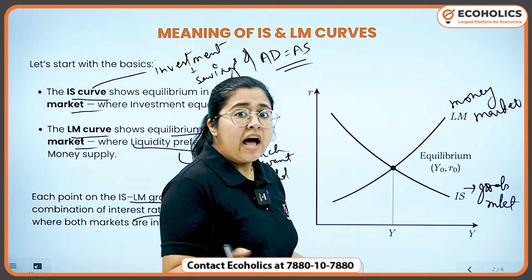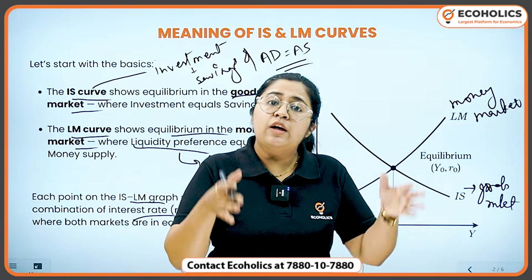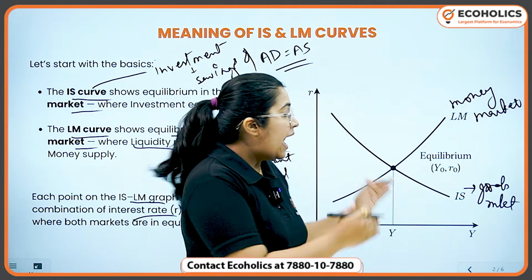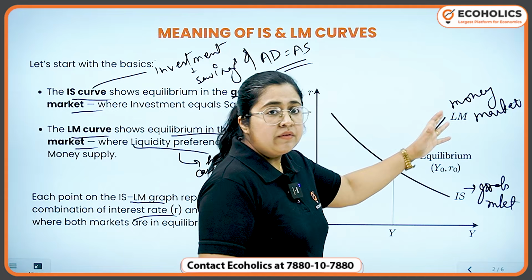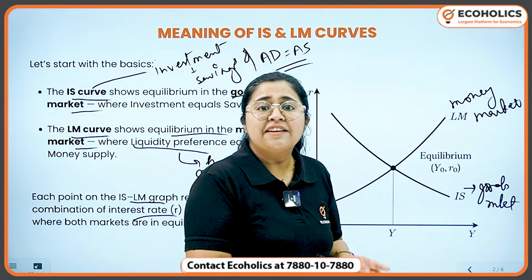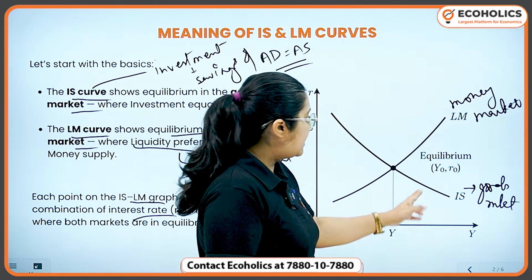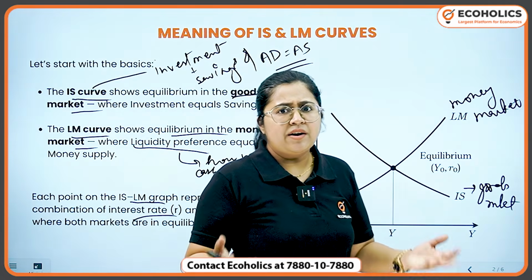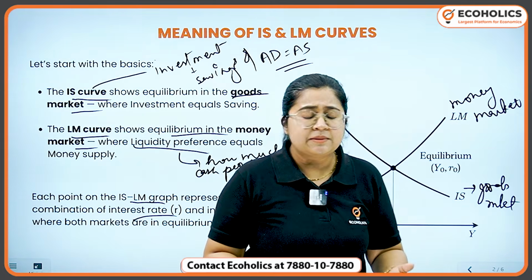These two curves are equilibriums in their own right, and now we put these two equilibriums into a further equilibrium where we say IS equals LM. Now what is this equilibrium showing us?